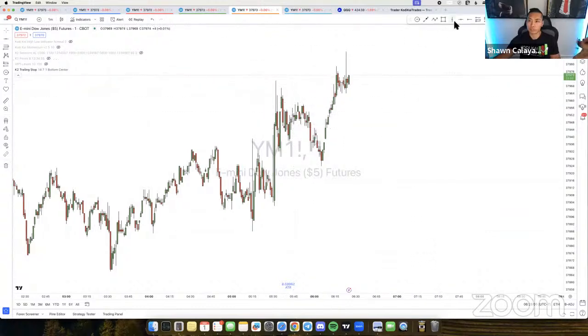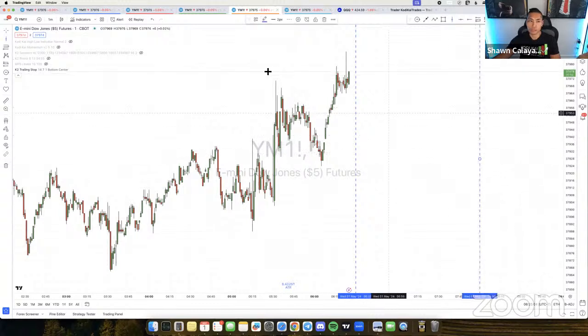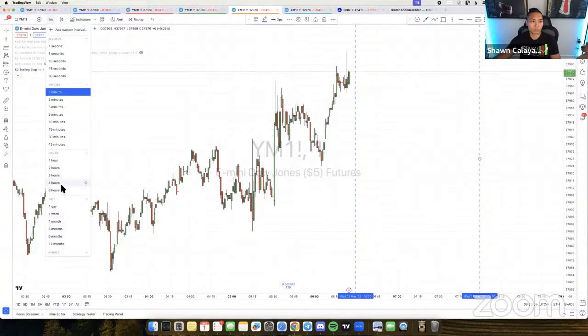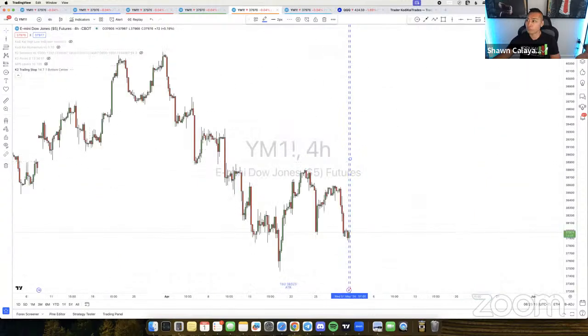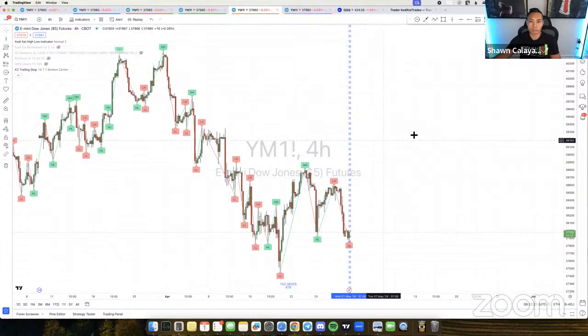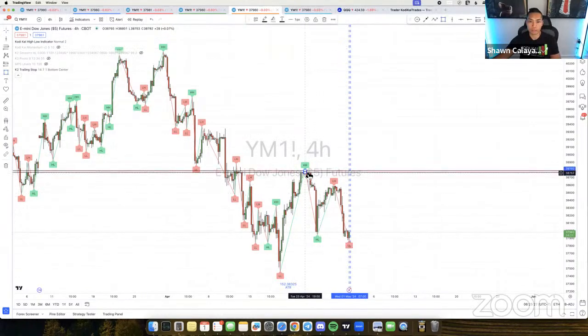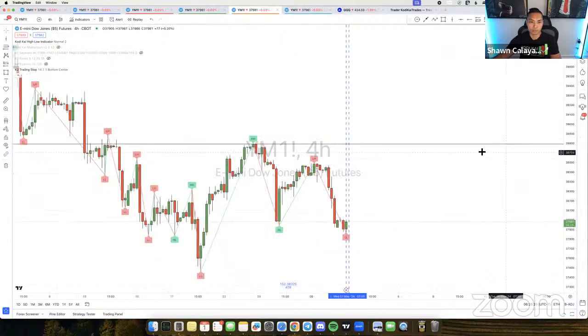Going over here to our clean chart, I'm going to mark up 6:30, mark up 8 o'clock. I'm going to go up to the 4-hour time frame. See if I can find. All right, here we go. So I'm going to go up to the 4-hour time frame, turn on the high-low indicator over here, identify structure. So this upper level is kind of tight.